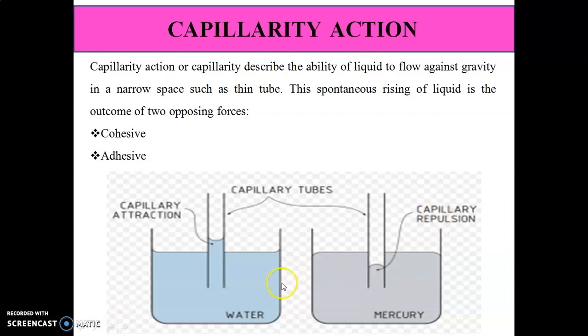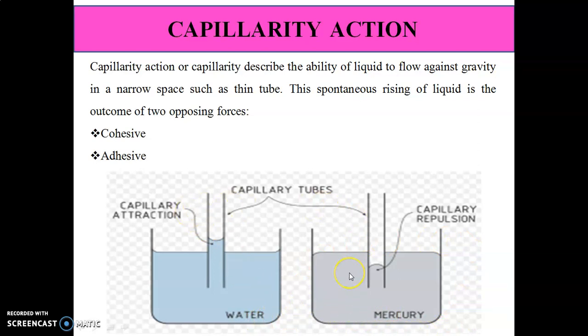So with the help of this diagram, we have to see when the capillarity is said to be high. When the adhesion force is greater than the cohesion, then capillarity is said to be high, and vice versa. In the first beaker there is water, and in the second beaker there is mercury.